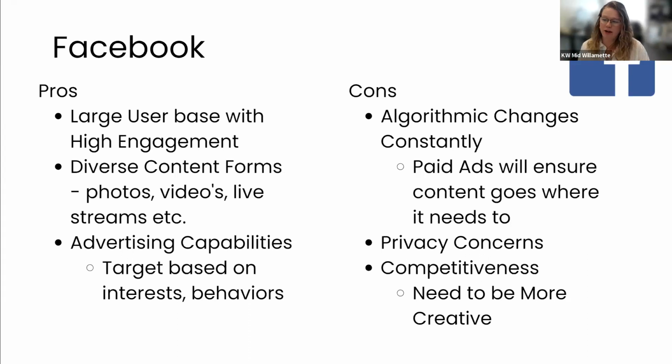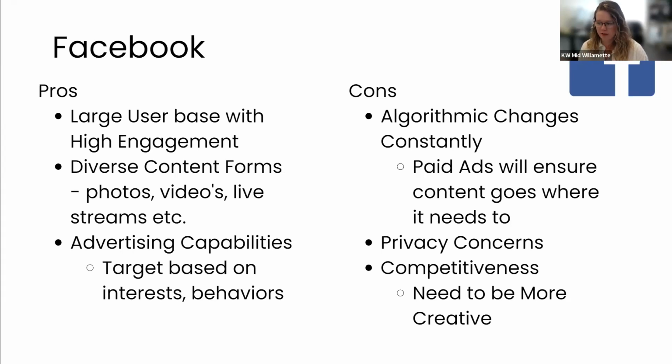There's diverse content forms, meaning you can do photos, videos, live streams, lots of different options for you depending on what you want to do with your business and how you want to market it. And the advertising capabilities, in comparison to the 4 social media platforms I'm going to talk about, does a really good job.